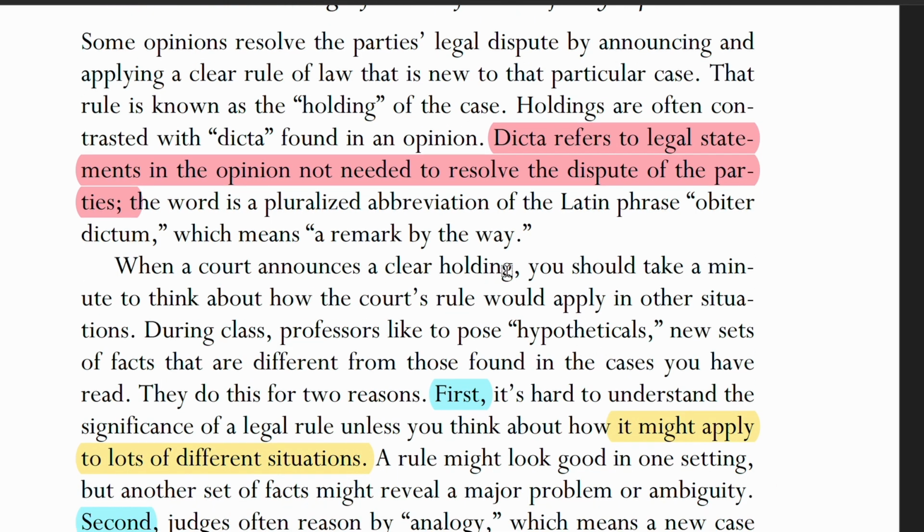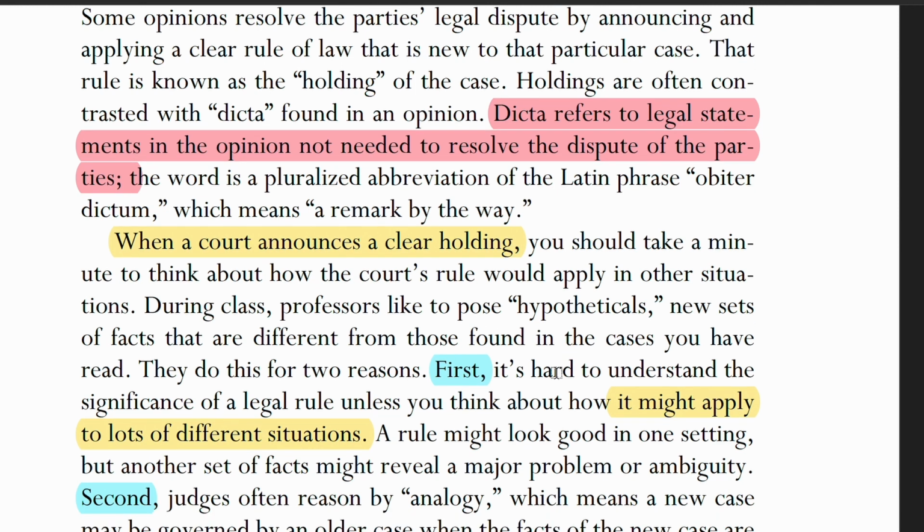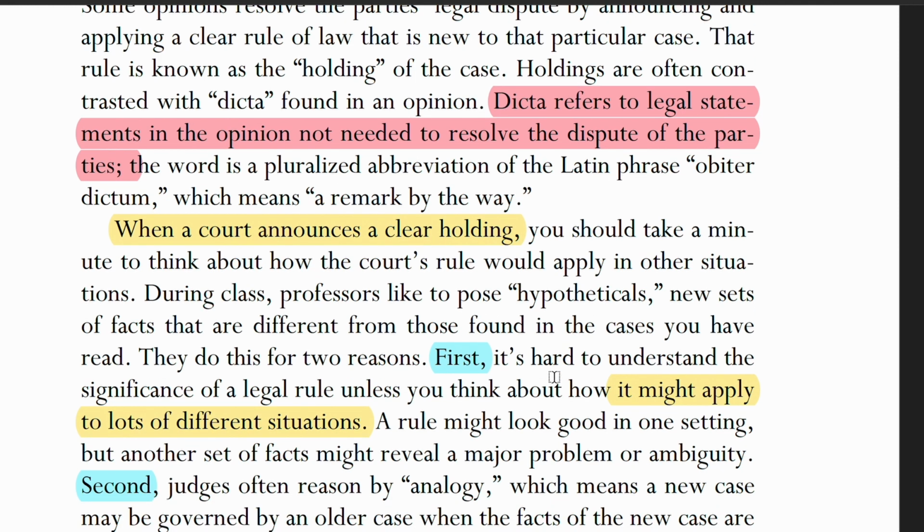And then next, they announce the holding. That is pretty much the conclusion, what's going to be the new rule, and it's very important that you get a clear grasp of what the holding is, although sometimes it is very vague, so you have to imagine what the holding could be, because in class they're going to give you a lot of different situations and hypotheticals testing that holding and see if it will hold if one or two of the facts were slightly changed.